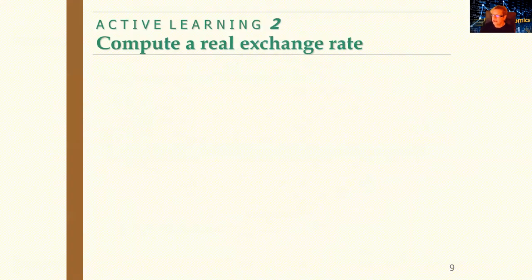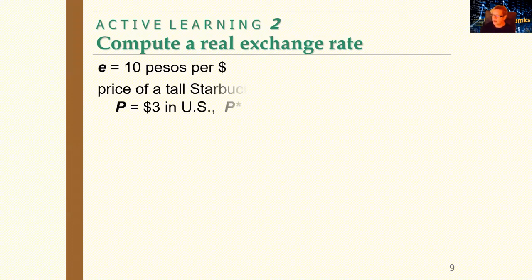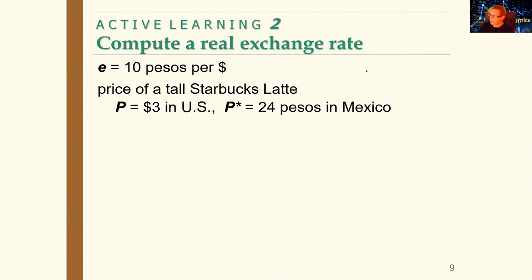Okay, so let's try our hand at computing the real exchange rate. The exchange rate is 10 pesos per dollar. The price of a tall Starbucks latte is $3 in the US and 24 pesos in Mexico. So remember, how do we find the real exchange rate? I'll just put a little R here. We take the nominal exchange rate times the domestic price divided by the foreign price.